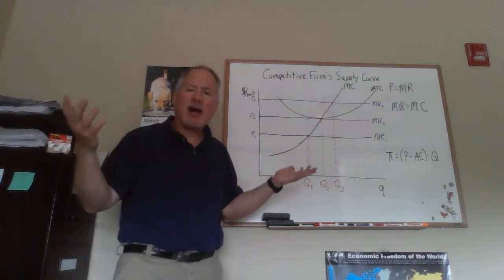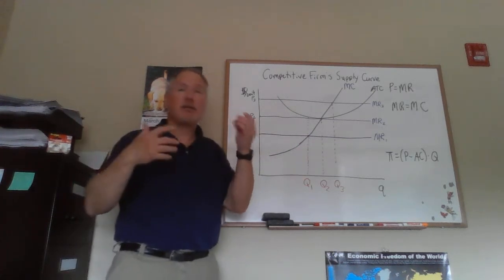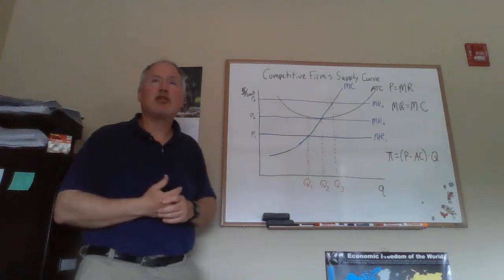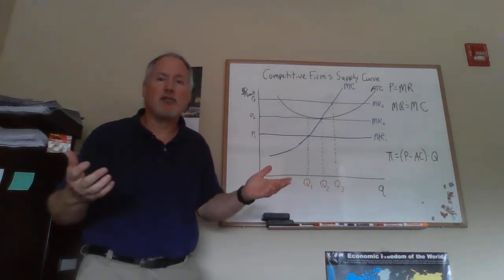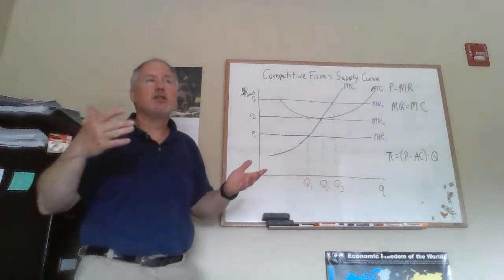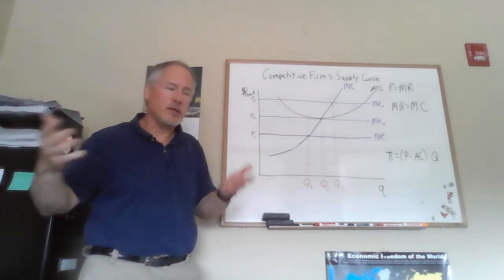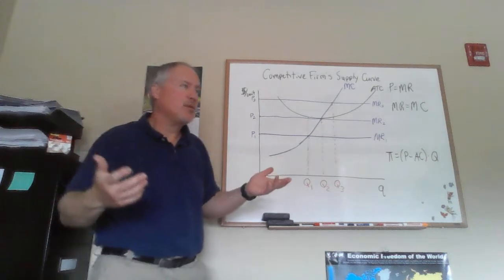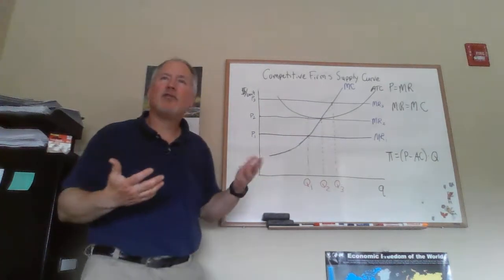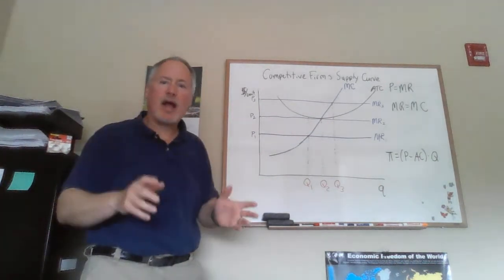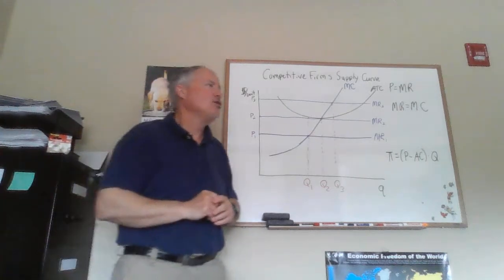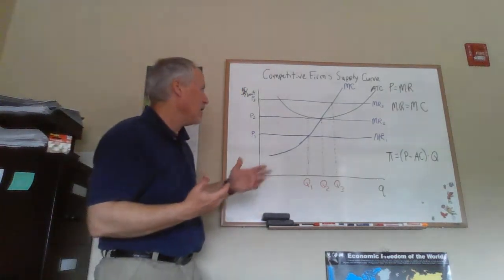Well, we'll assume the average return, because you can't systematically do better. Everybody can't do better than the average. So what we will consider is that the average return that you could get out there investing in a lot of different companies would be the relevant opportunity cost. So zero economic profit is actually like a normal or average rate of profit. So that's like a normal return on investment.